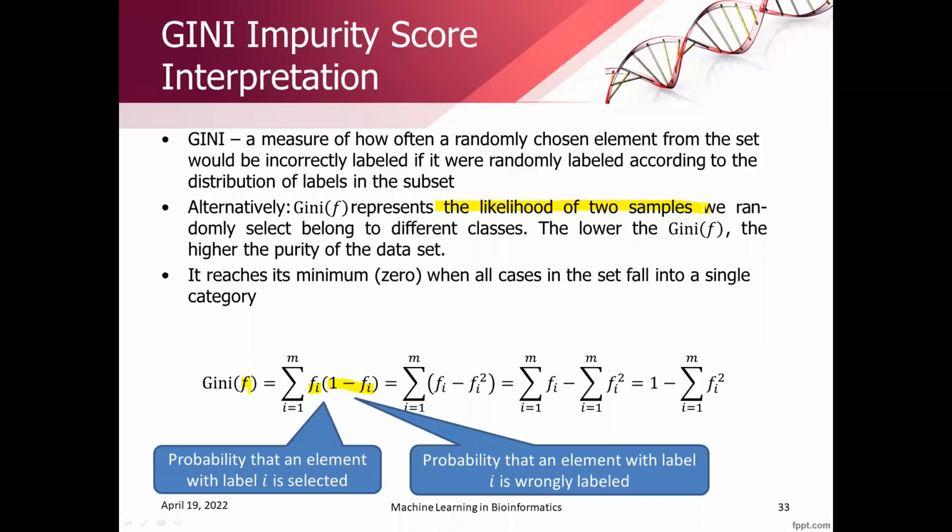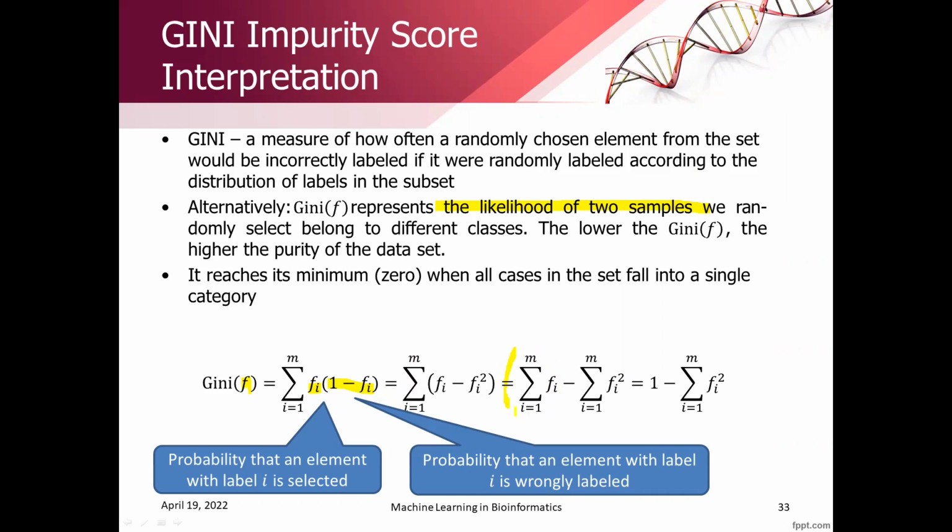And this is also obtained by manipulating the formula. If we compute the product, Fi times (1 minus Fi), this sum can be split into the sum of Fi's minus the sum of Fi squared.